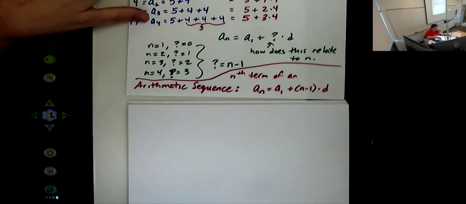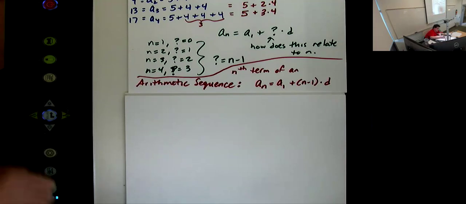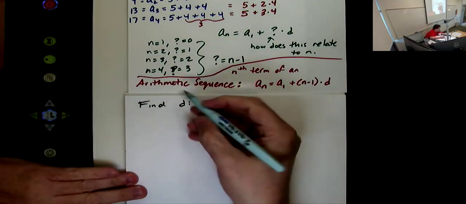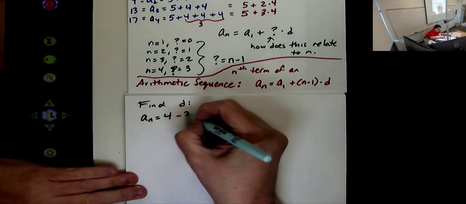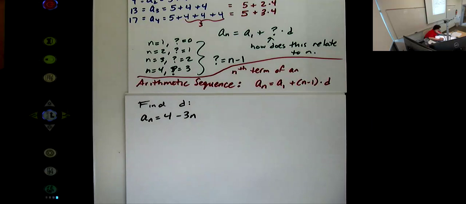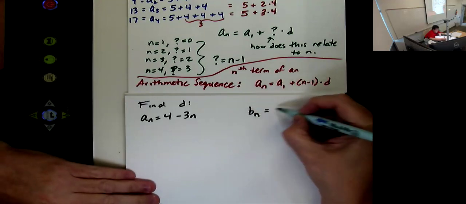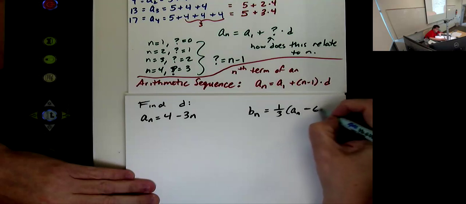So let's do a couple little exercises on finding d. Find d here. A sub n equals 4 minus 3n. And then do b sub n equals 1/3 n minus 6.